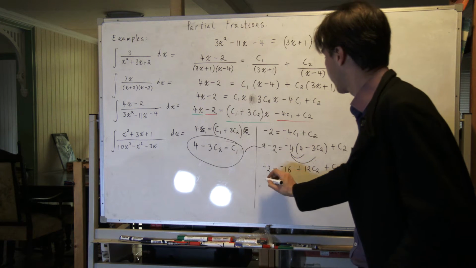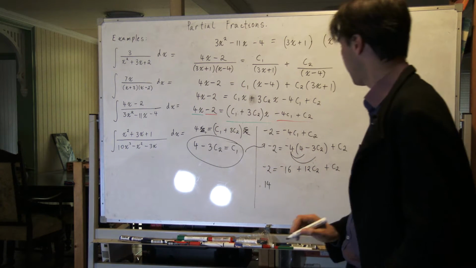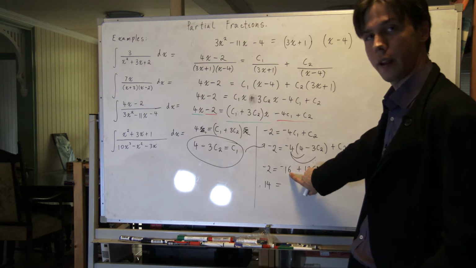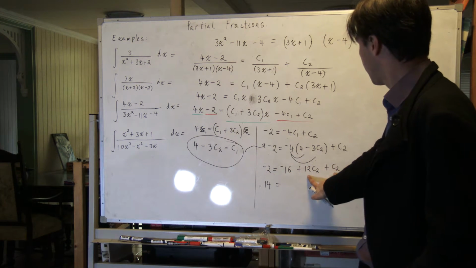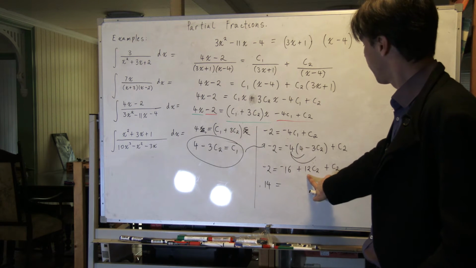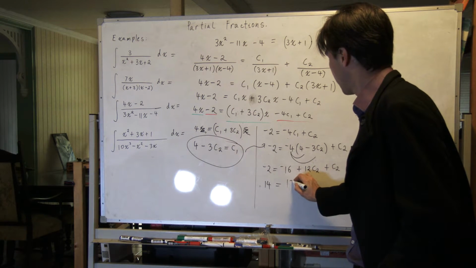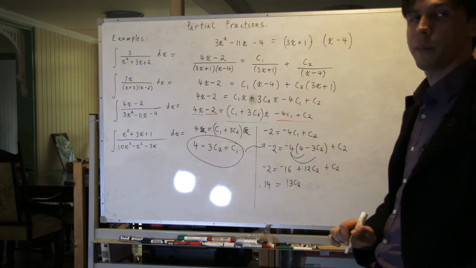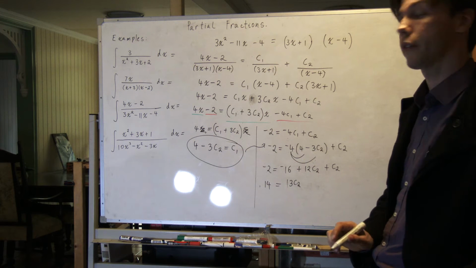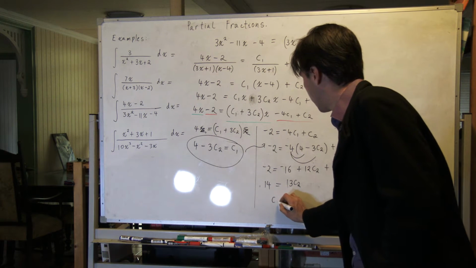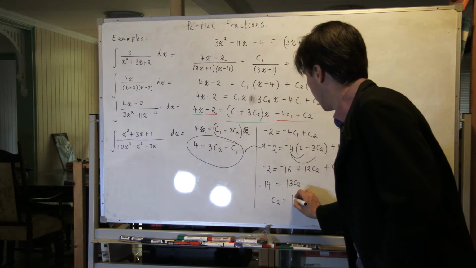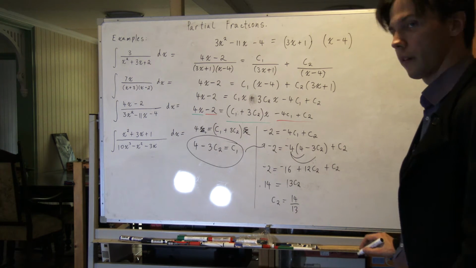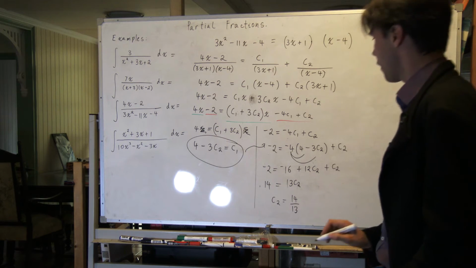So negative 2 plus 16 makes 14. Adding 16 over here just gets rid of that negative 16. And these two are like terms, so they come together. 12C2 plus C2 makes 13C2. And this is going to be messy, but I can divide both sides by 13. So C2 is 14 over 13, which can't be simplified any further.